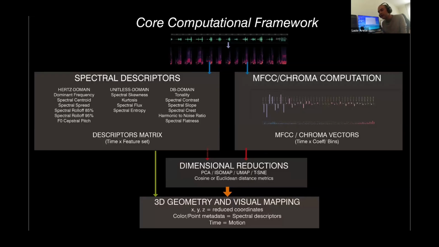Because in the block of the dimensional reduction, we have 4 different methods of reduction in 3D space, which are PCA, Isomap, UMAP, and t-SNE. And this is what constitutes the shape of the models, while the descriptors become some kind of dressing that can be varied depending on what one wants to achieve.